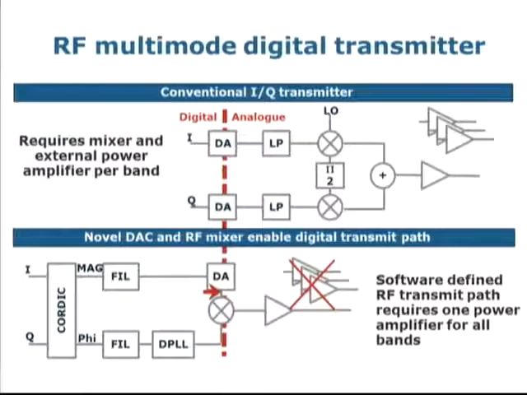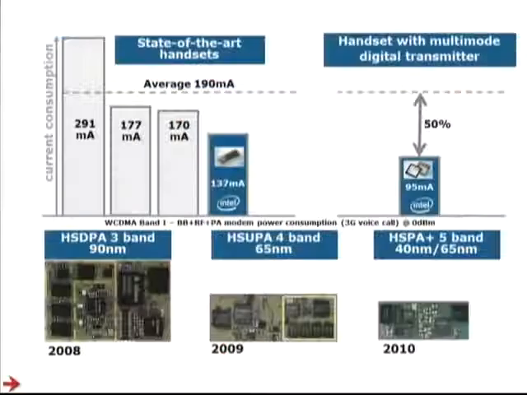Too good to be true? Nice theory? I don't think so. Even within a time span of 2 years, with this technology, it was possible to reduce the power consumption, which was 2 years before, in average 190 milliamps, to 95, which is more or less 50%.